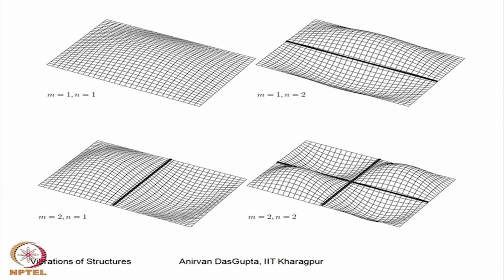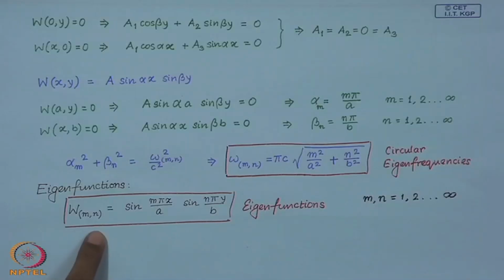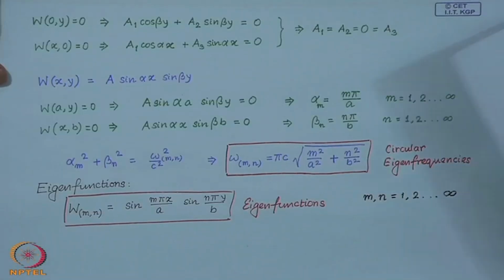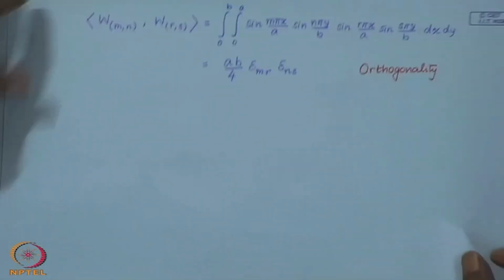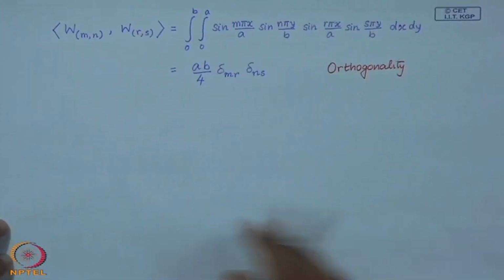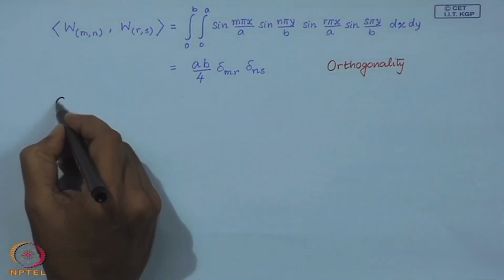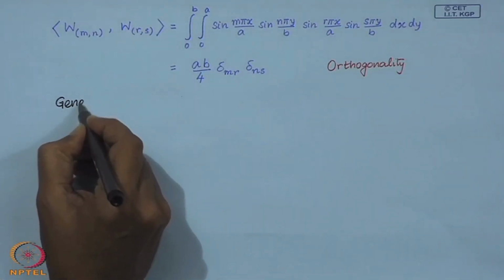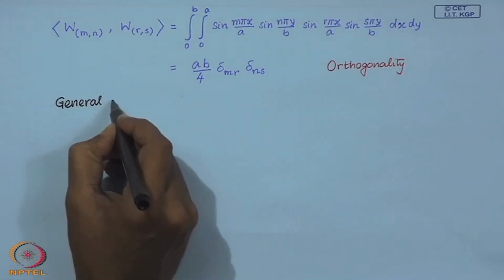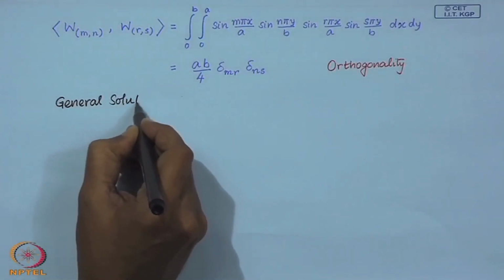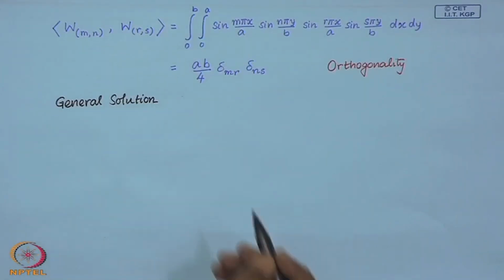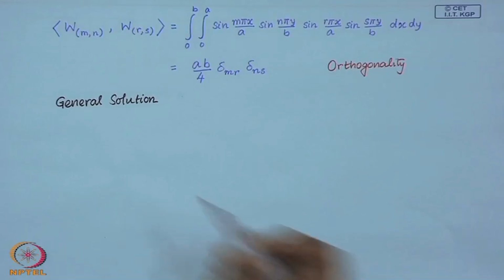Now, the general solution. These eigenfunctions can now be used for constructing the general solution for any problem related to the rectangular membrane. So, let me write out the general solution.